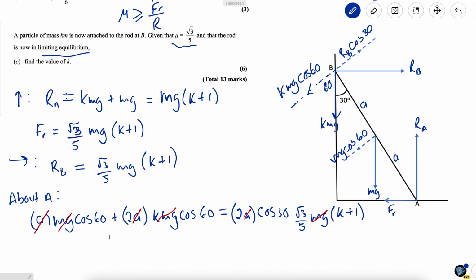Cos 60 is a half, plus 2 times cos 60, so that will be 2 times a half, which is 1, multiplied by k, equals 2 times cos 30. Cos 30 is root 3 over 2, so that will just be root 3, multiplied by root 3 over 5, and then k plus 1.